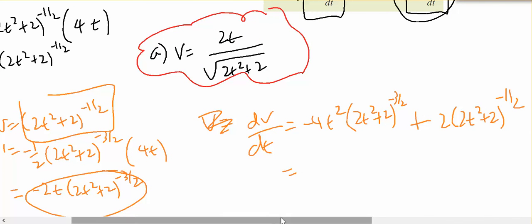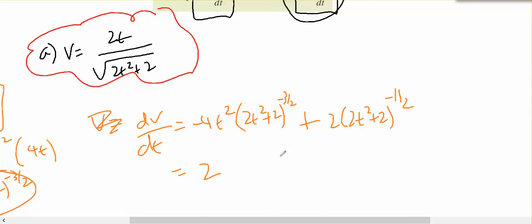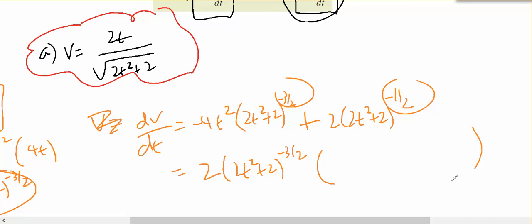And I'd like to take out common factors. I can take a 2 out, and I can take out (2t squared plus 2) to the minus 3 on 2, because minus 3 on 2 is smaller than negative a half. I've taken the 2 out, so that gives me minus 2t squared, plus (2t squared plus 2) to the power of 1.